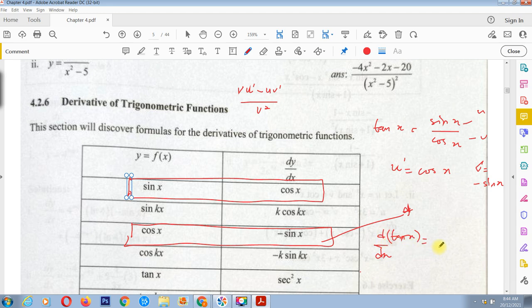So v is cos x, u prime is cos x, and then minus u. What is u? U is sine x, and v prime is negative sine x, over cos x, and then bracket square.